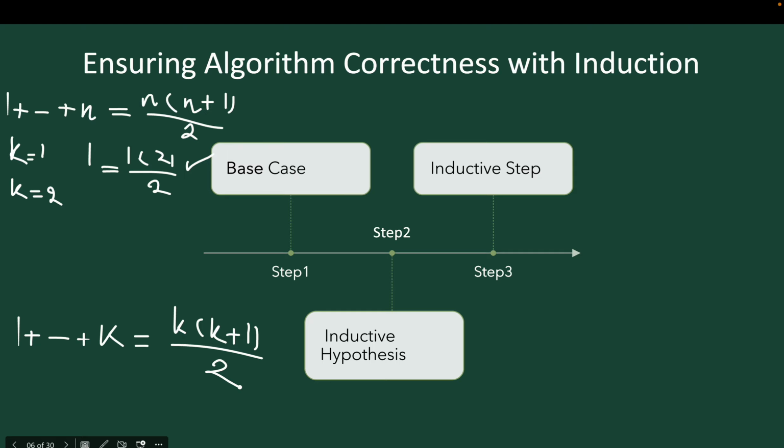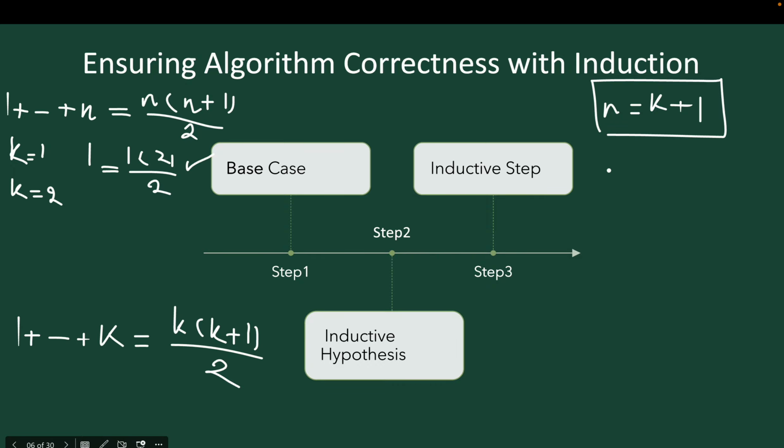Now when you have the inductive hypothesis, you go to step 3. In step 3, called the inductive step, you try to prove the equality holds for n equal to k plus 1. If you can prove that the equality holds for k plus 1 inputs, then you generalize your inductive hypothesis, meaning this formula is always correct.